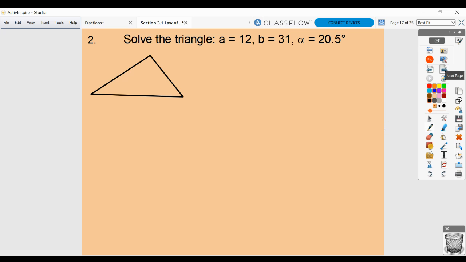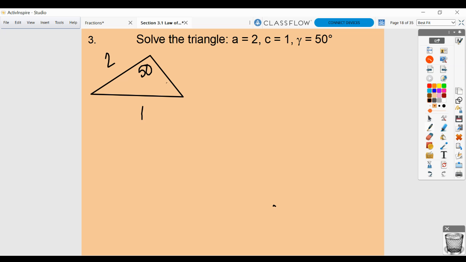Okay, let's go on to the next triangle. We have A is 2, C is 1, and gamma is 50. So I need B, alpha, and beta.